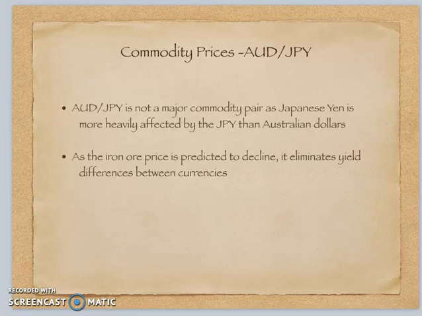Australian dollar to Japanese yen is not a major commodity pair. It's more heavily affected by the Japanese yen than Australian dollars. Therefore, as the iron ore price is predicted to decline, it eliminates the yield differences between currencies.